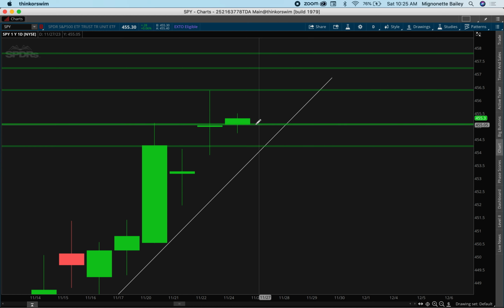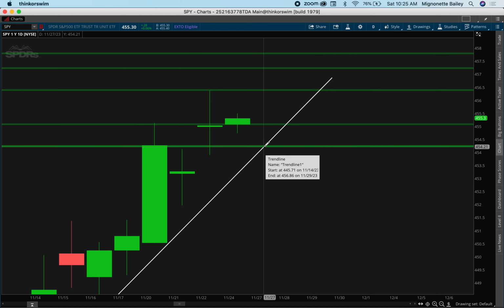Now, if we open like right here and we can't hold, this is a great opportunity for puts back down to this next level of support. It's a pretty short, quick move, but it's a scalp. This could be an opportunity for a trade right back down to this next level.